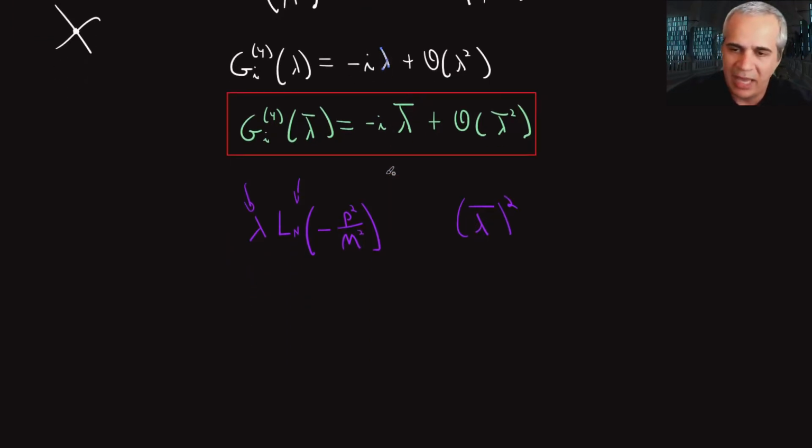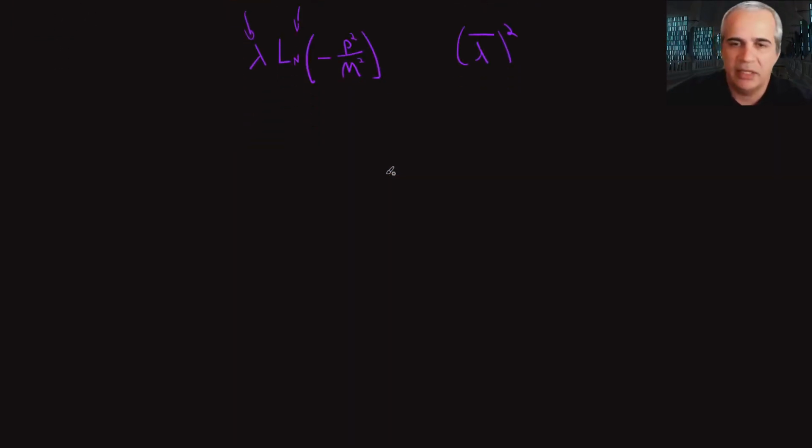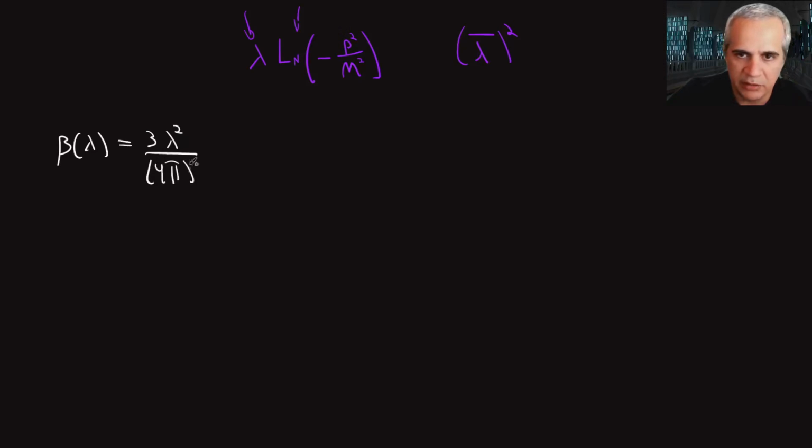So we have calculated, and this is pretty neat, the beta function for lambda phi 4, and this is just 3 lambda square over 4 pi squared. This is on the last video or the one before that, plus things of order lambda cubed.